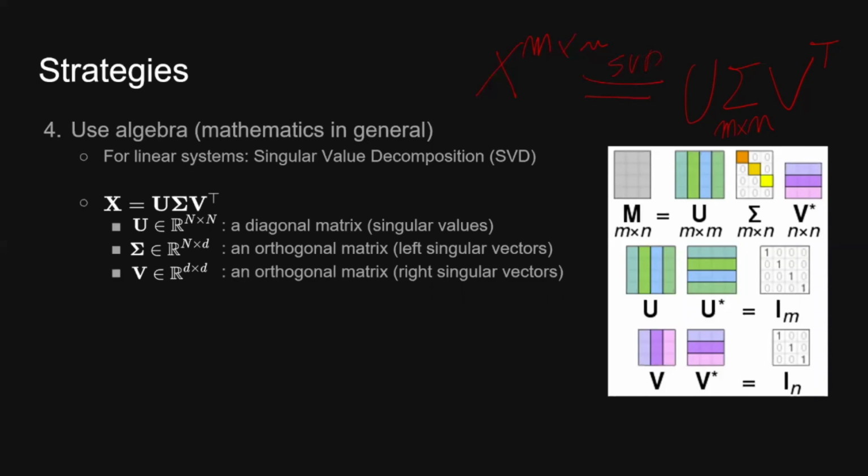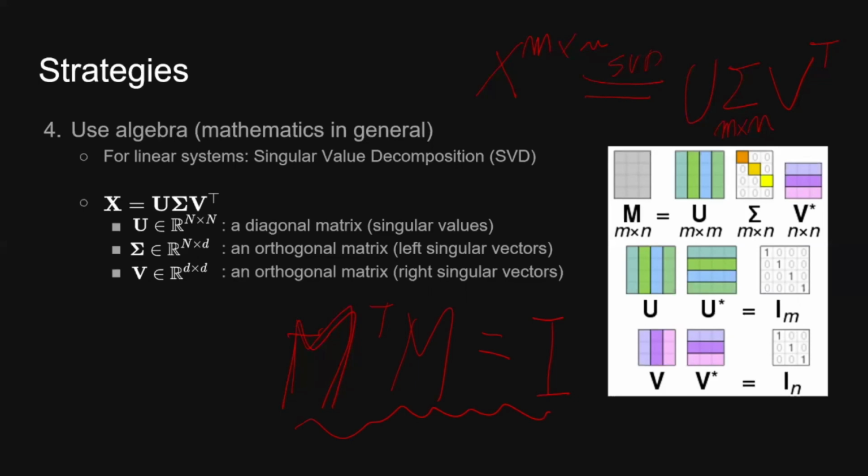In case you don't know what orthogonal means: if you have a matrix M, and M is orthogonal, what that means is the transpose of M multiplied by M is the same as the identity matrix. Or in other words, the inverse of an orthogonal matrix is the transpose of itself.